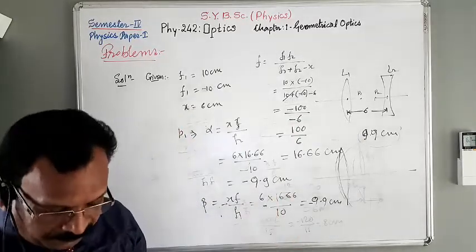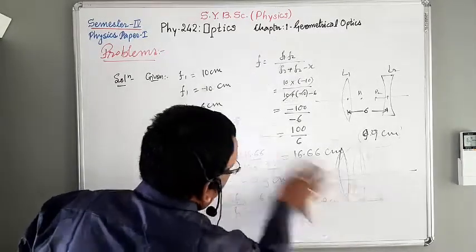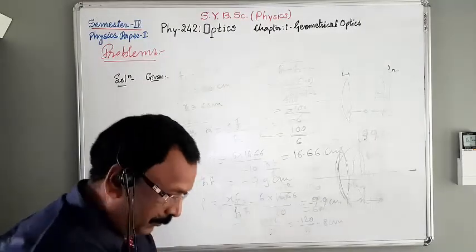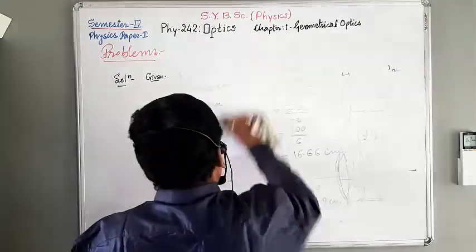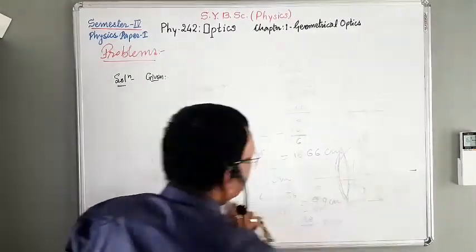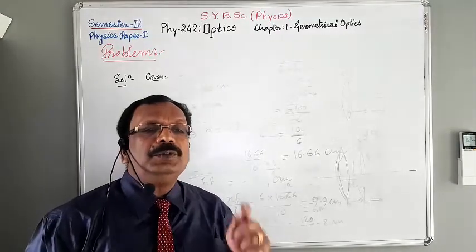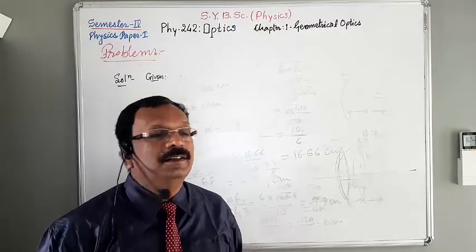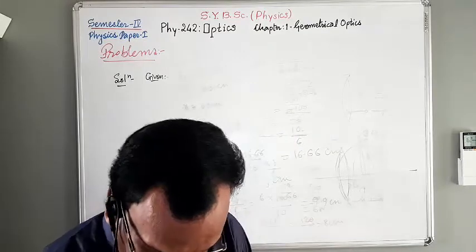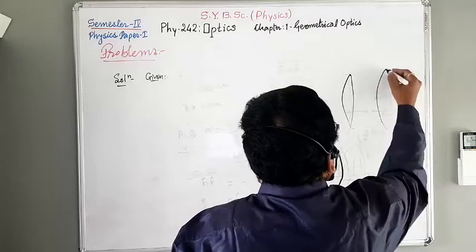Okay. Now we are going to see the next problem. Here there are two thin convex lenses, this one and this one.